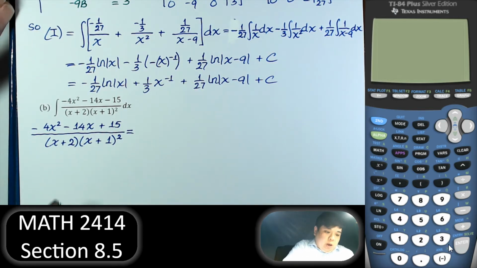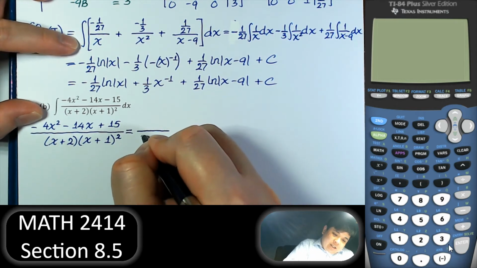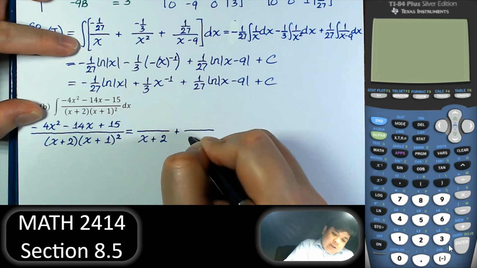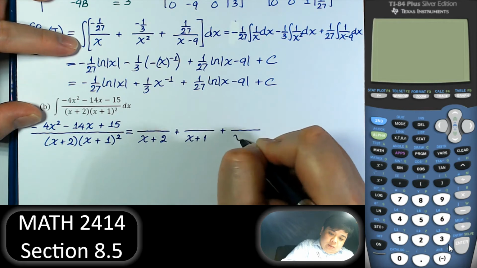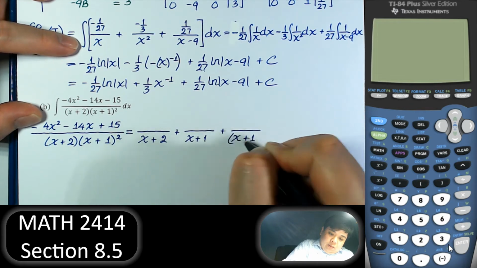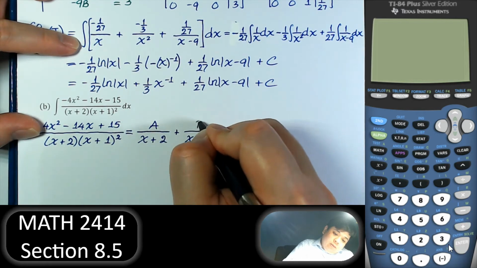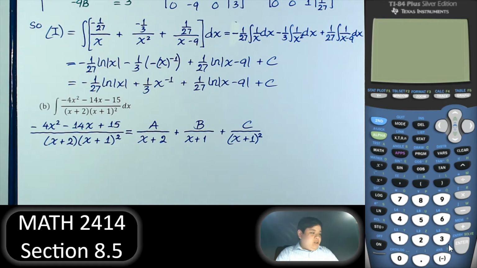So 1 factor of that and 2 factors of that. All linear factors, so just A, B, C on top.